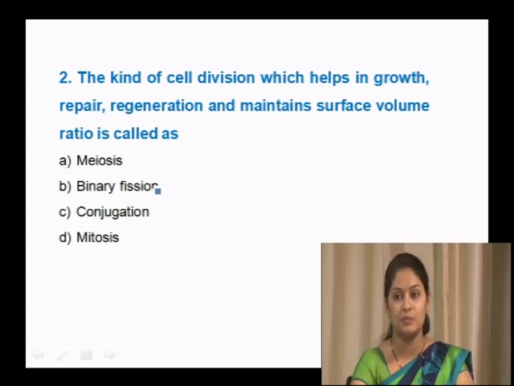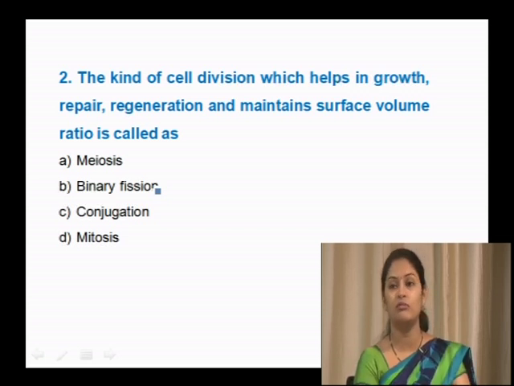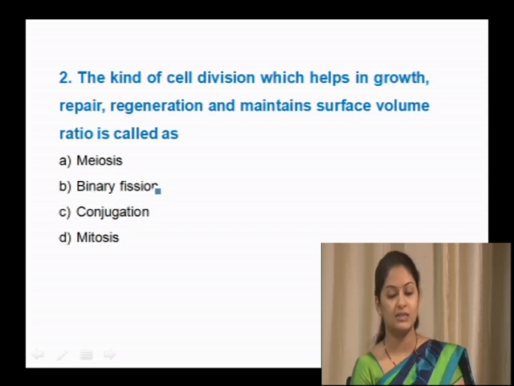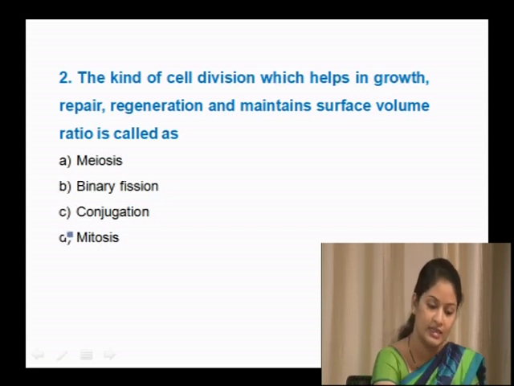Once the cell expands, the cell surface increases, therefore the volume and surface will not match, so they have to be brought back to normal, and for doing so the cell must be divided into two. Therefore the answer for this question is D, that is mitosis.